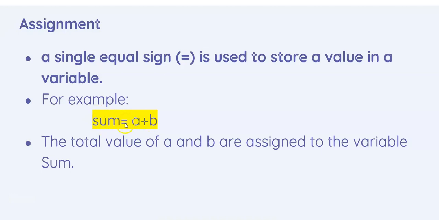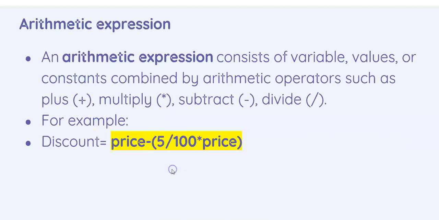So wherever we see a single equal sign, it means data on your right is being stored in the variable on your left. Then we have arithmetic expression. What we're looking for is plus, times, minus, division. Once we see that, we can agree that that looks pretty much like an arithmetic expression. Here's an example on the screen.